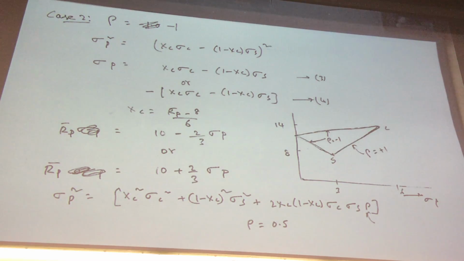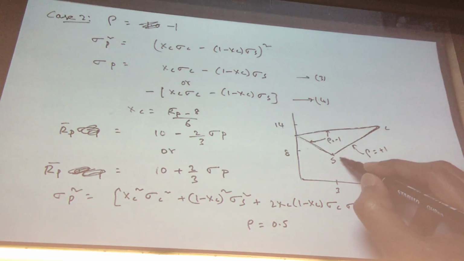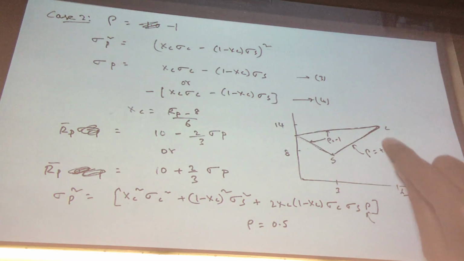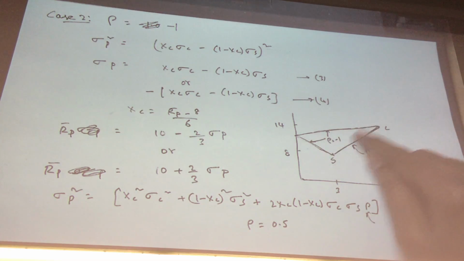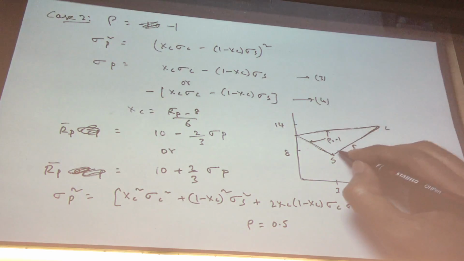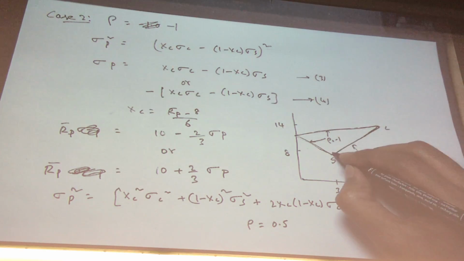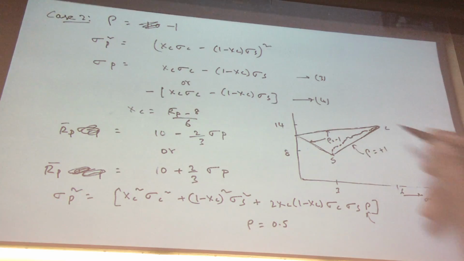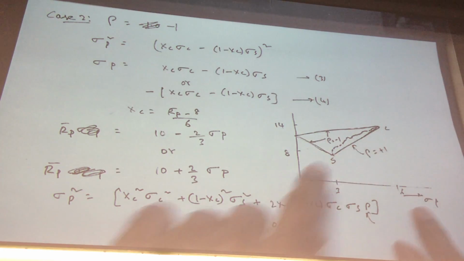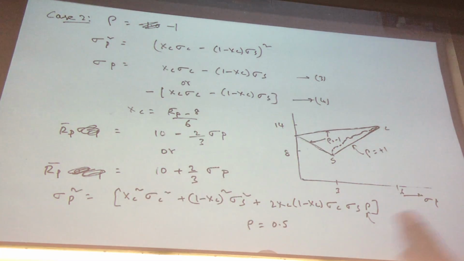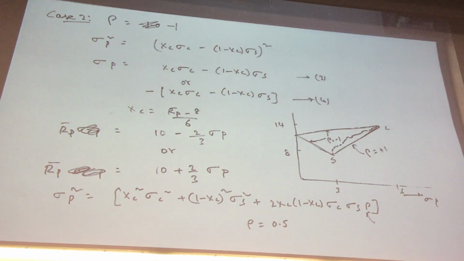For rho equals 0.5, do you think this set would be somewhere here? Here? This one? Somewhere, okay. I don't know actually, but that would be somewhere inside, because the worst case is here, and the best case is on the other side. You know that 0.5 is somewhere between the worst and the best, so that means it must be somewhere in between.